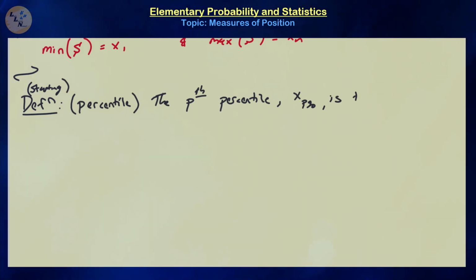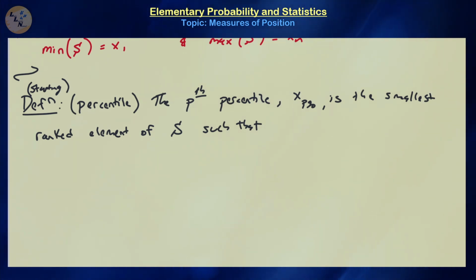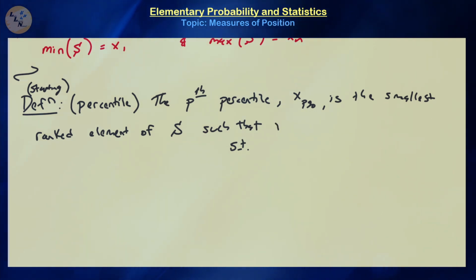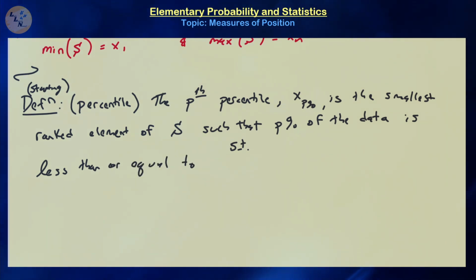And this is going to be the smallest ranked element of S such that, some people will abbreviate such that as s.t. just to save some room, p percent of the data is less than or equal to this number x sub p percent.